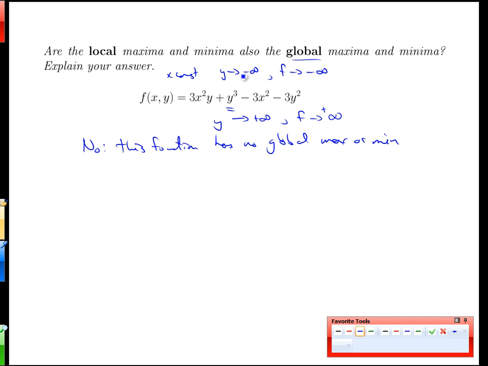As soon as we have a point or a path where the function drops off towards negative infinity, well, then there's no single lowest point, because I can always go lower by walking further out along the y towards negative infinity path. And so there can't be a global minimum. If I can always go lower, then there can't be a single point where there's a global minimum.